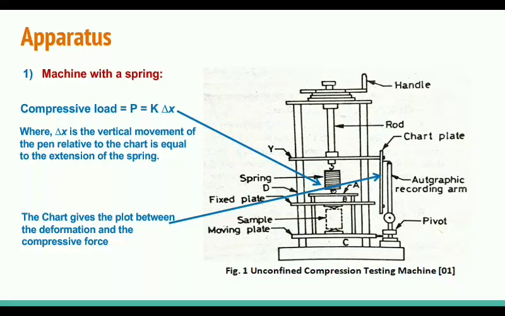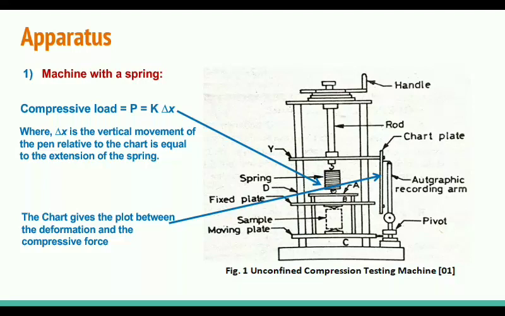Because the chart is giving delta x and we have the value of k, we multiply k into delta x to get the compressive force. The chart is also giving the strain value, the change in length delta L, and we have L naught, so by taking the ratio we can calculate the axial strain.